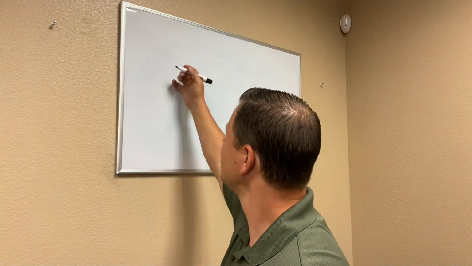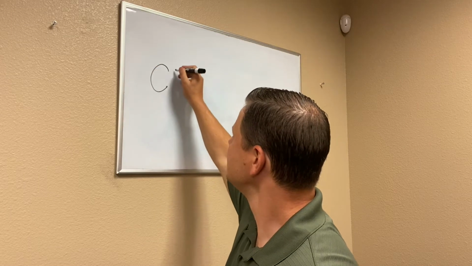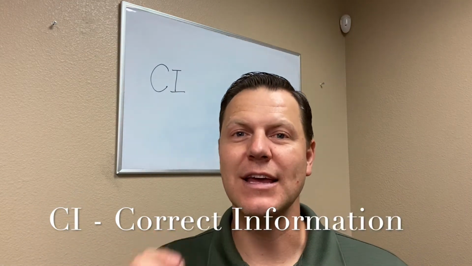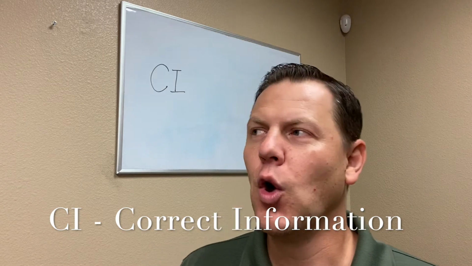So the first part of the success formula is CI. All right, so what does CI stand for? CI stands for correct information. You see, what happens if I go out there and I do a whole bunch of stuff and I've been getting a lot of information from the wrong sources, or I've been getting the incorrect information?